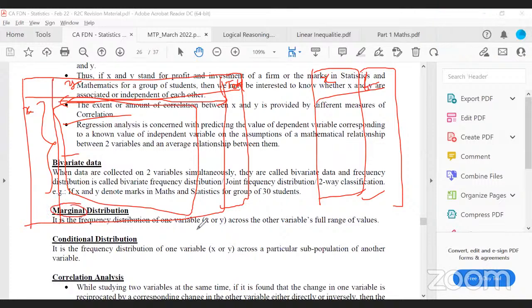It is the frequency distribution of one variable across the full range of values of the other variable. Similarly, the frequency distribution of Y for all values of X is also called marginal distribution.